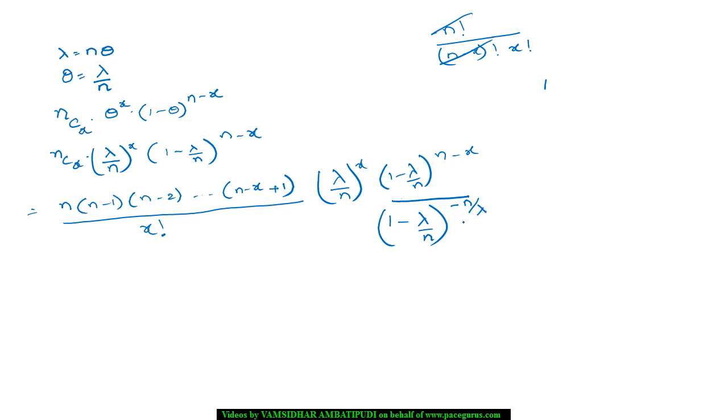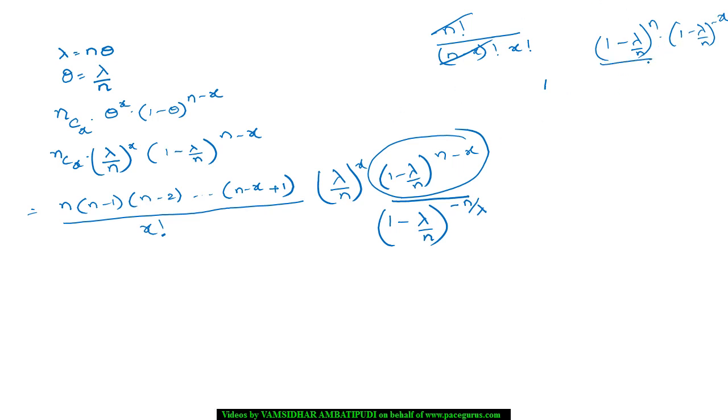So it's like 1 minus lambda by n to the power n into 1 minus lambda by n to the power minus x. I'm breaking this, right? I'm writing it as 1 minus lambda by n to the power n into 1 minus lambda by n to the power minus x, which will make it 1 minus lambda by n to the power n minus x.